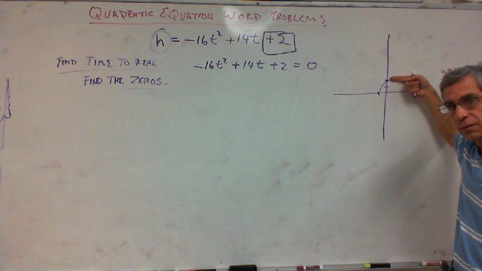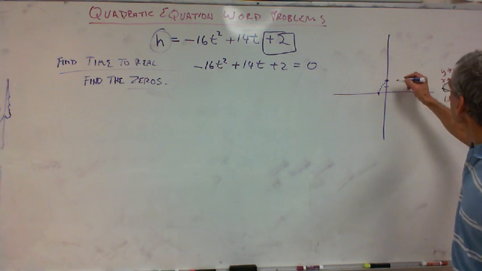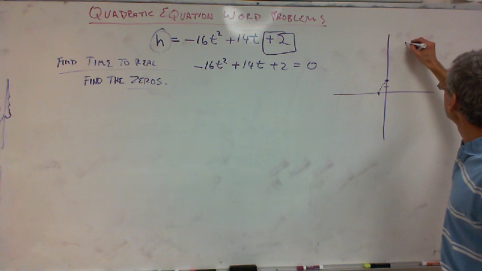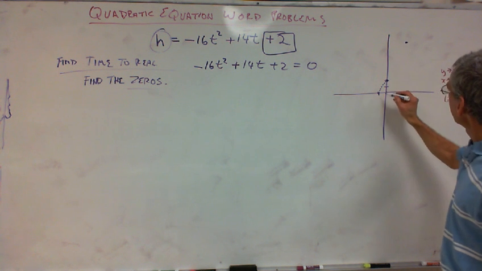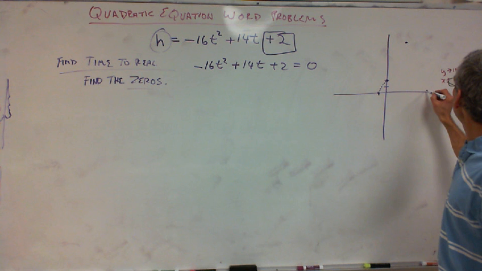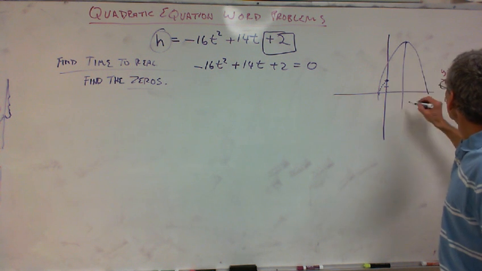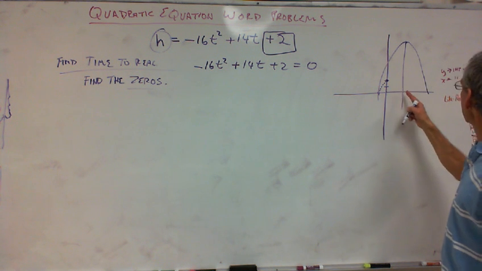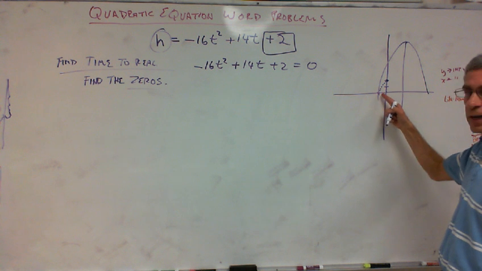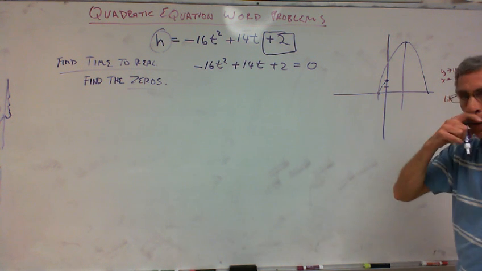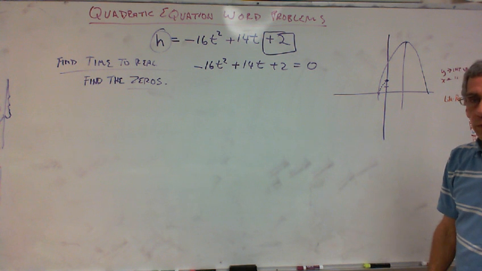Does that make sense? Explain why you can't. Because look, let's say this is my vertex. From here to here is symmetrical, right? So from here to here and here to here, I would need to find out this point, and I can't figure that out.